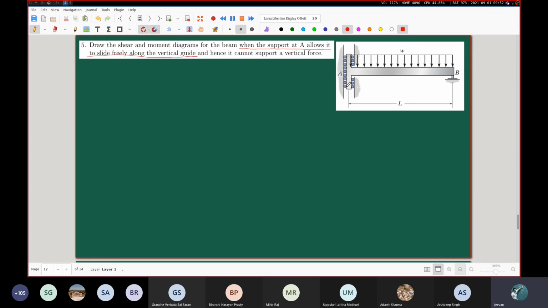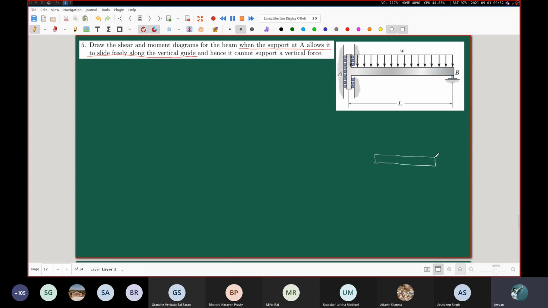What is the implication of this? Usually, when we have a simple support or a fixed support or a clamp support, we have a vertical reaction force at that end. Suppose you have a beam like this.